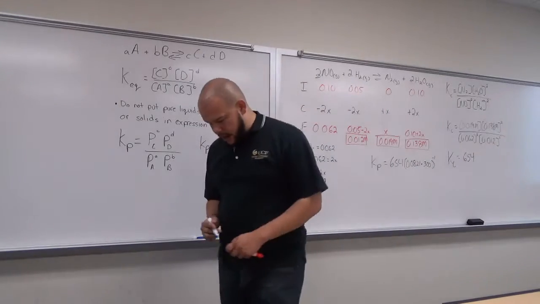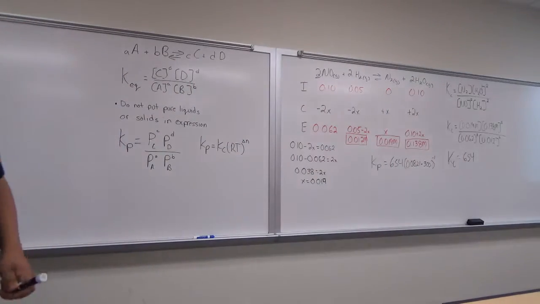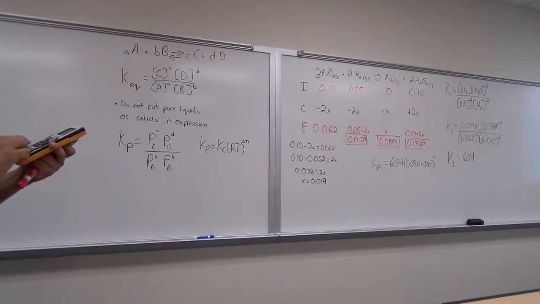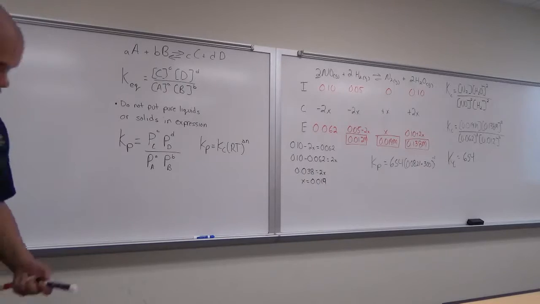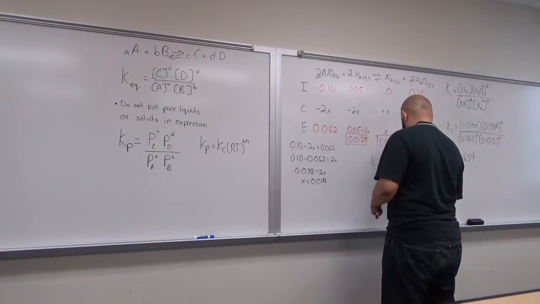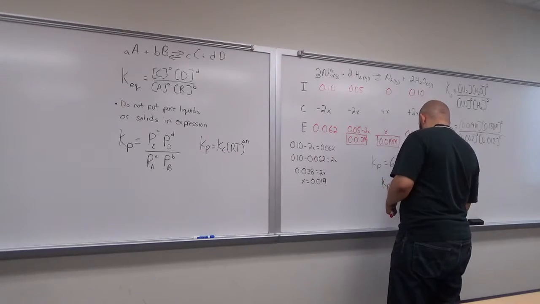So raise something to the negative 1, which is just the inverse. So we end up with 654 times (0.0821 times 300) raised to the negative 1. That gives 26.6. So we got Kp equal to 26.6.